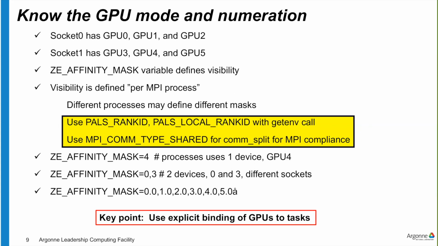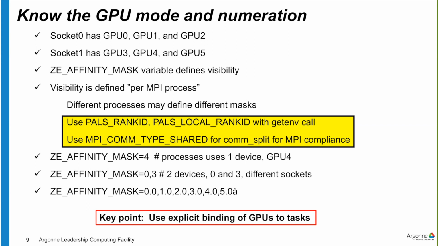In any case, explicit binding of GPUs to tasks is important, and you might probably need it in a situation when you need to have specific binding of certain GPUs which do not go in the regular order of 0, 1, 2, 3, 4, 5 in your application.